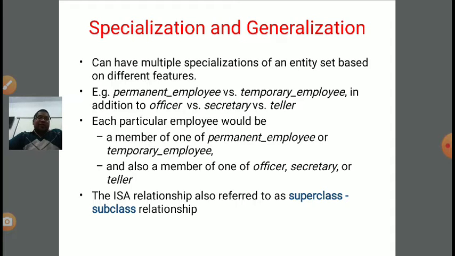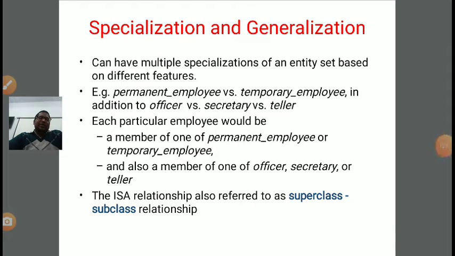So the point is that we can specialize the same entity in more than one manner. Now each particular employee would be a member of one of permanent employee or temporary employee, and also a member of one of officer, secretary or teller.